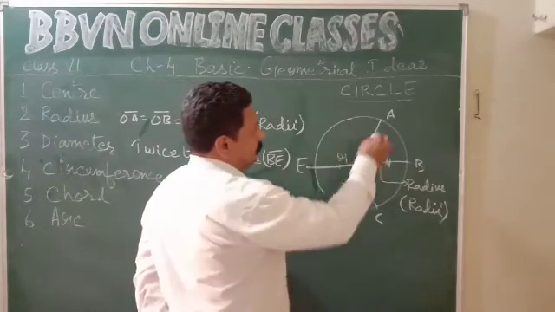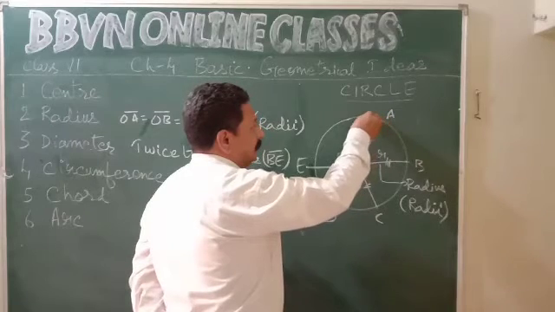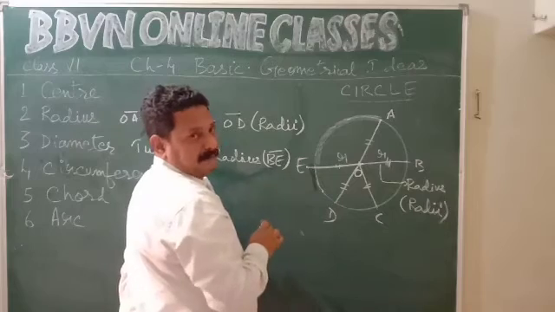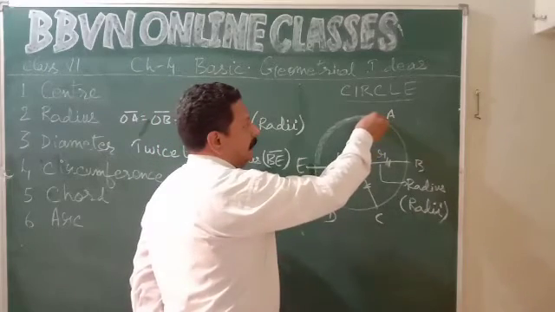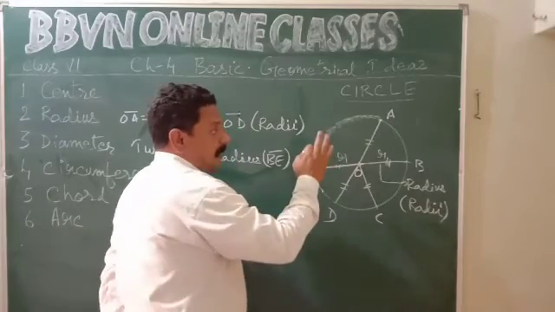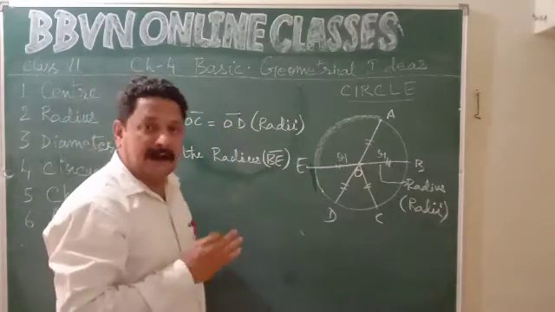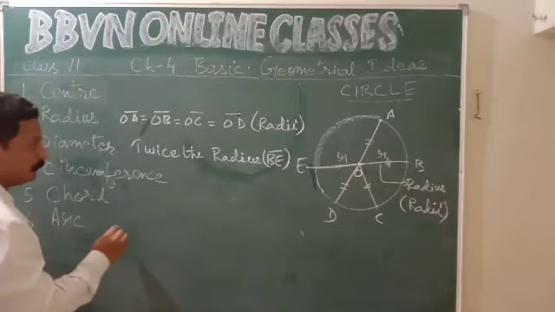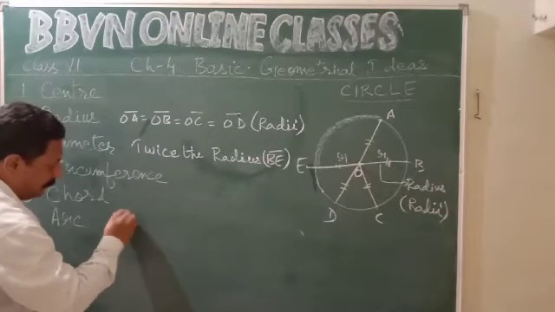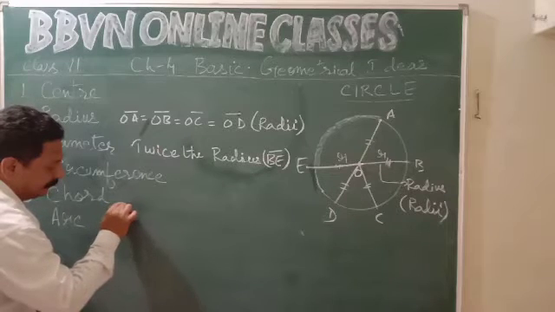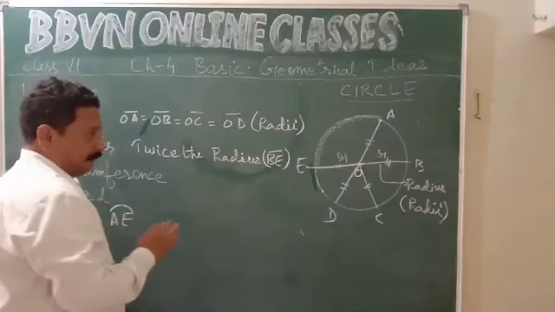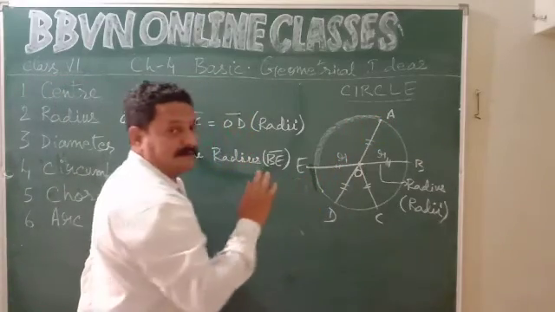Now, suppose I consider only this part from A to E. This part of the circumference, a small part of the circumference, is called an arc. So EA or AE, an arc is represented like this, a simple curve. So arc just means a part of the circle.